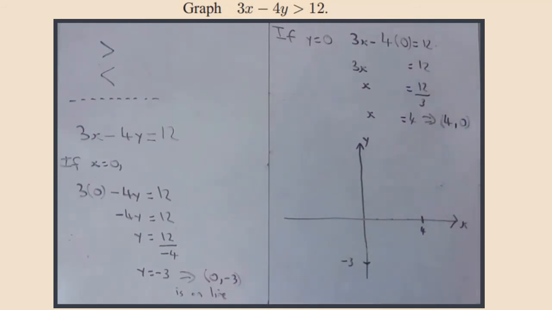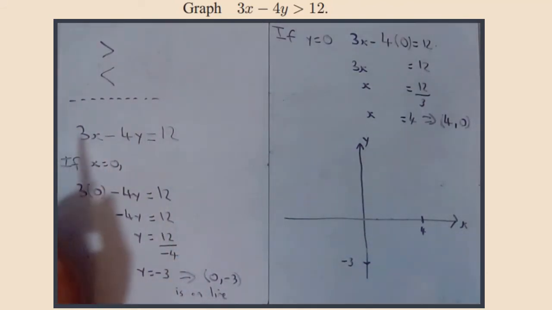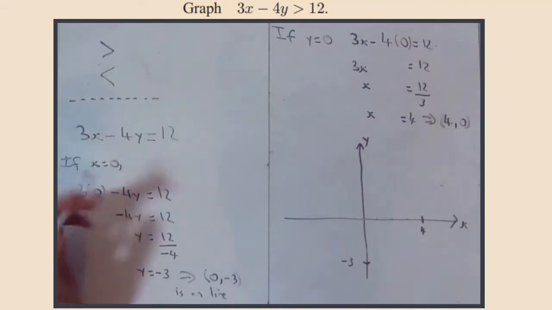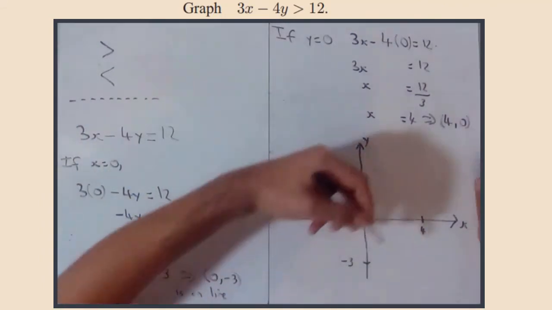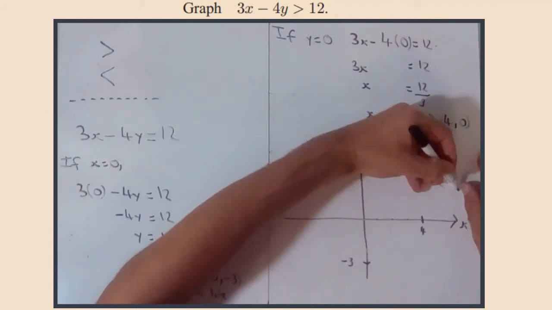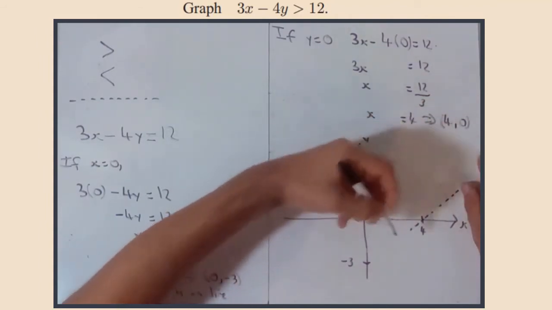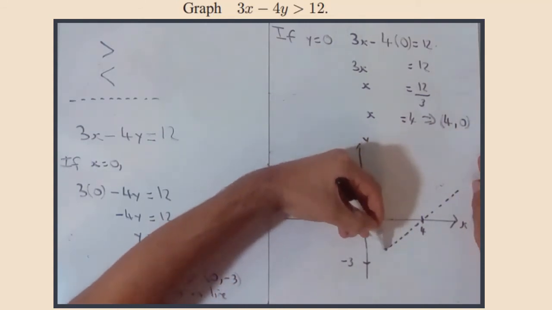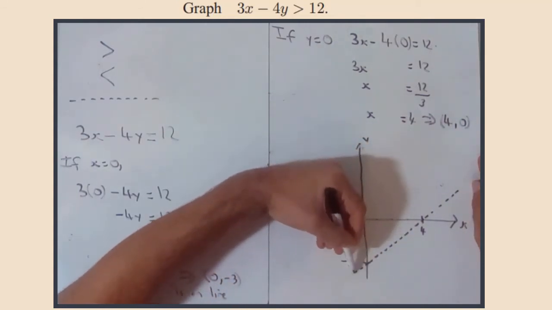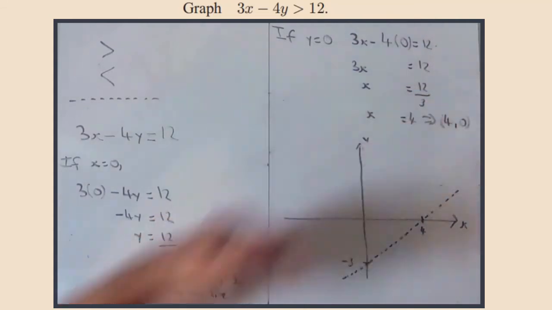Minus 3. So then we need to draw this line, and as I was saying, because we're drawing 3x minus 4y is greater than 12, we need a dashed line. So I am going to join these points like that, dashed line. Okay, so we're nearly finished.